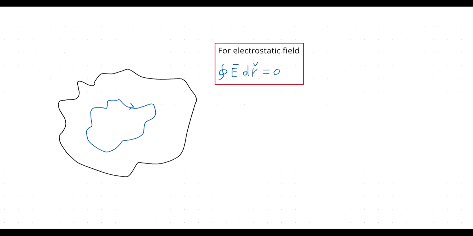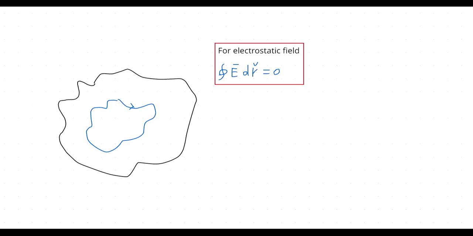This formula in the red frame means that electrostatic field cannot produce and support electric current, and it means that there will not be electric current inside an electric conductor that is in electrostatic field only.